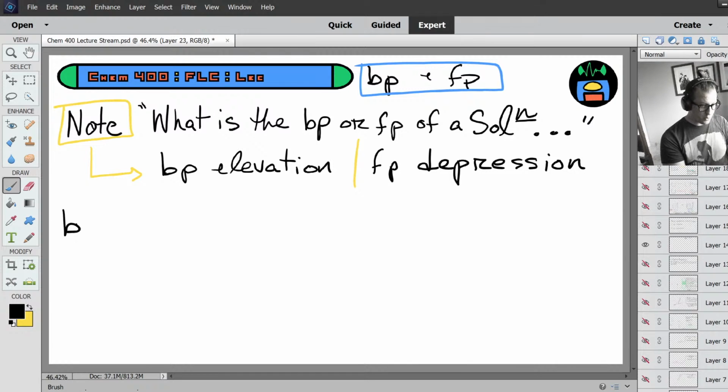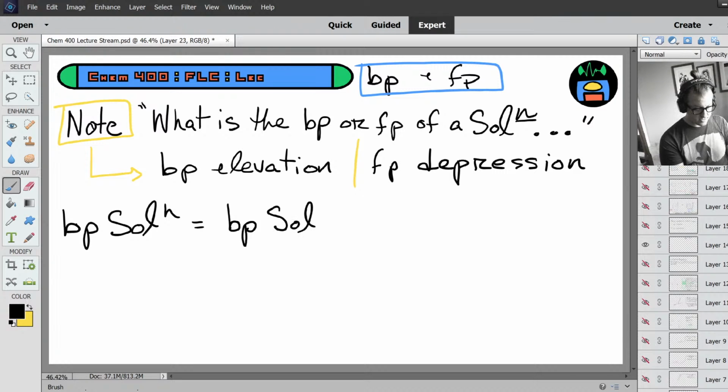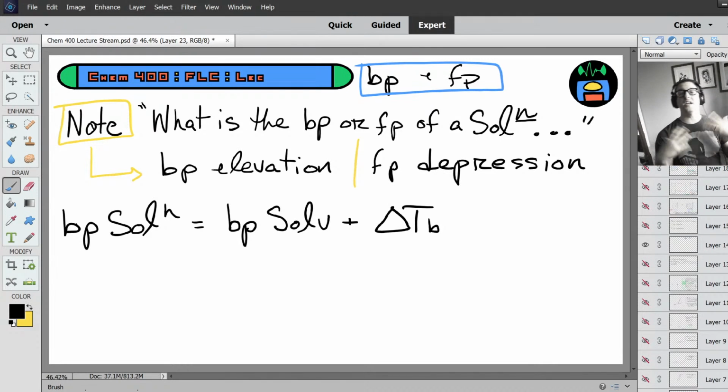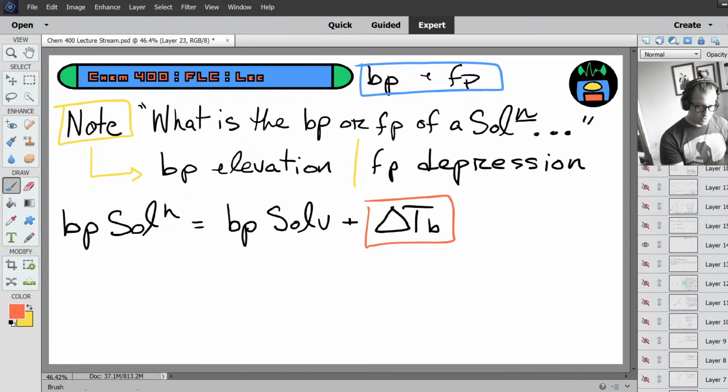So the boiling point for a solution is equal to the boiling point of the pure solvent, plus the change in boiling point. What you're calculating with those calculations, it's not the new boiling point you're finding, you're just finding how much it changes. So you have to add that change in boiling point to the boiling point of the pure solvent.